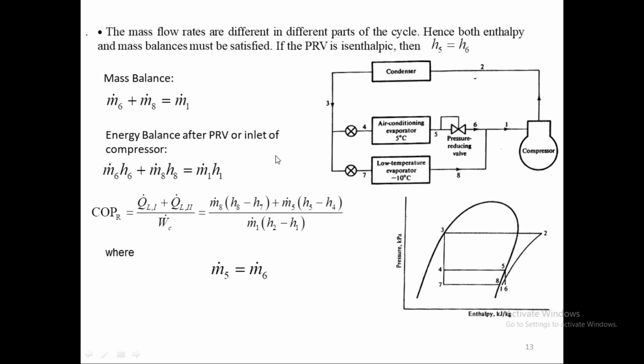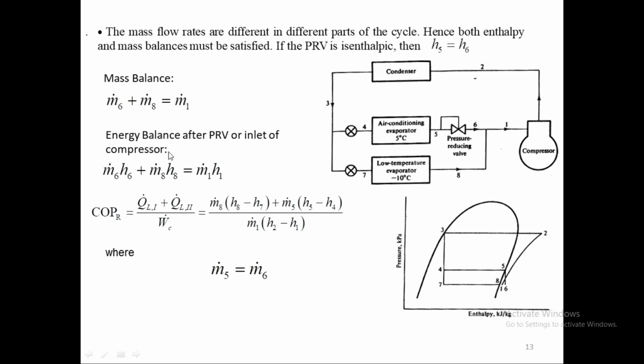Energy balance after the PRV, or the inlet of the compressor. So we are doing energy balance across this PRV, looking at what is flowing into the PRV and what is leaving the PRV. What is flowing in is M dot 6 and H6.